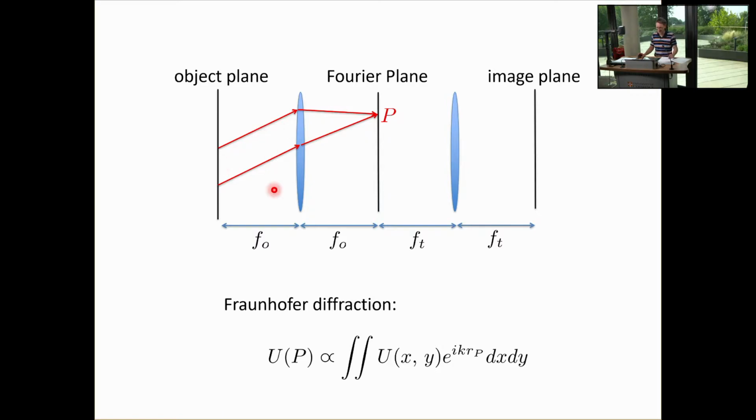And under those conditions, we have seen we can write the field distribution in the Fourier plane as an integral, as a Kirchhoff integral that looks just like the Fourier transform of the field distribution u of x, y in the object plane. And so we have really got now a diffraction integral that looks like a Fourier transform. And so the objective performs the Fourier transformation of the field distribution in the object plane.